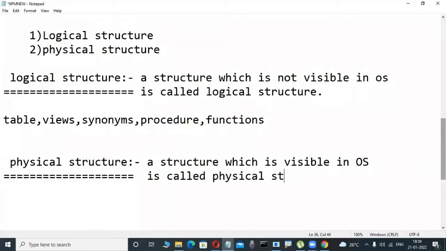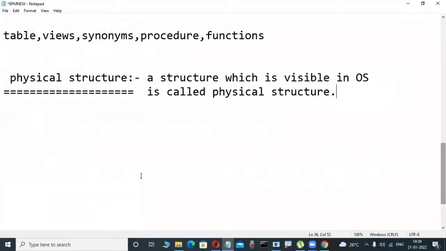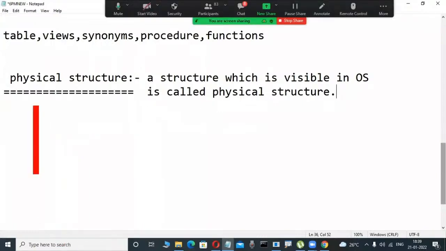Who are the persons working in this physical structure? Observe it here. It's a big concept. I'm telling the definition side only, because what a database is, today I'm telling only which definition is correct. Now check it out. A structure which is visible in the operating system is called a physical structure. Suppose I am installing software, some physical files are created on the disk.